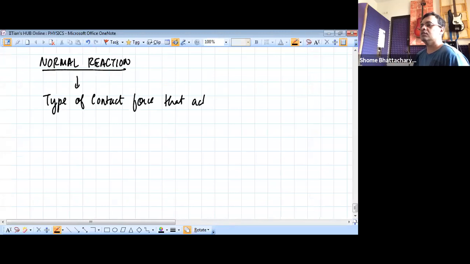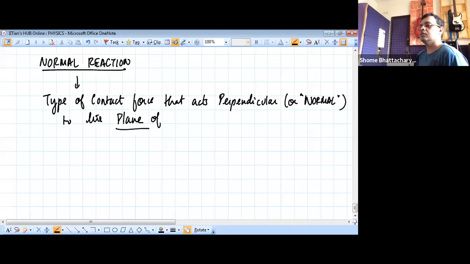In geometry, perpendicular is what we call normal. So it acts perpendicular, or normal, to the plane of contact between two surfaces.